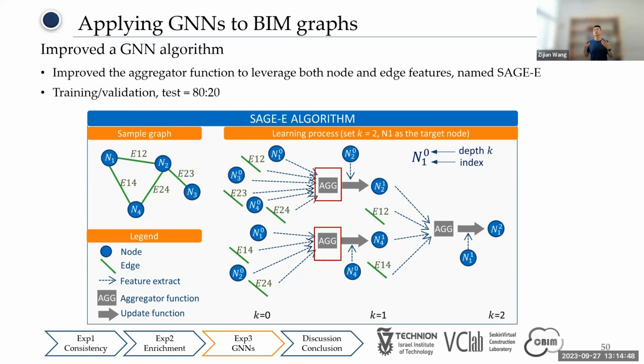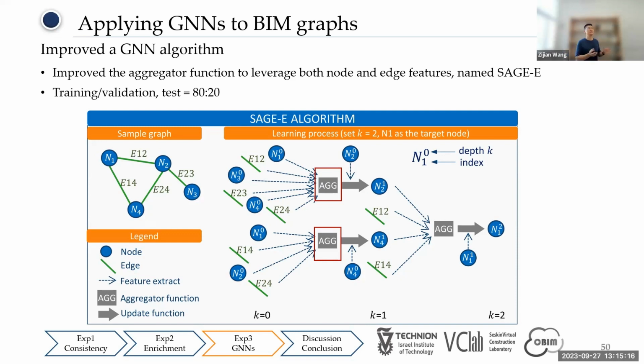Therefore, we want to use the features of the edges in BIM graphs, but current GNN algorithms cannot leverage edge features. What we did is modify the aggregator function, letting it leverage both node and edge features, because we believe that this will achieve better performance. And we named the new algorithm CHE.